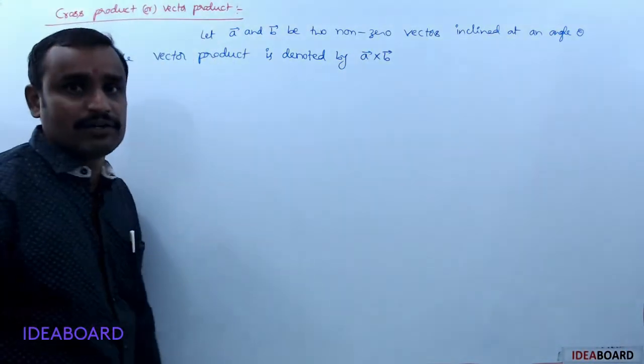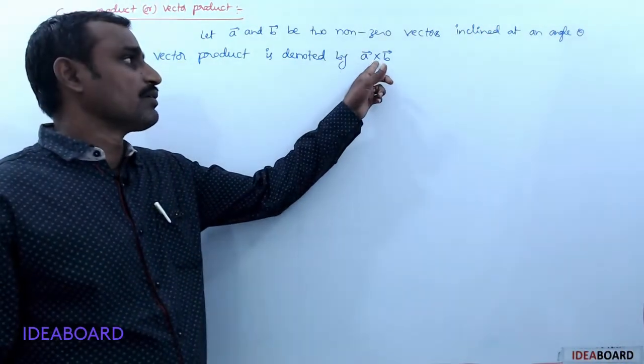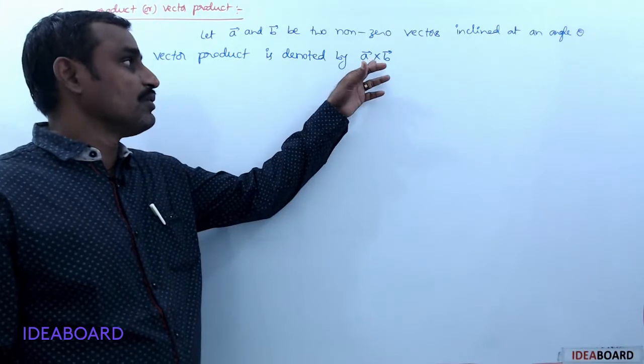So here the symbol is the cross symbol, whereas in the dot product it is a dot symbol between the vectors.